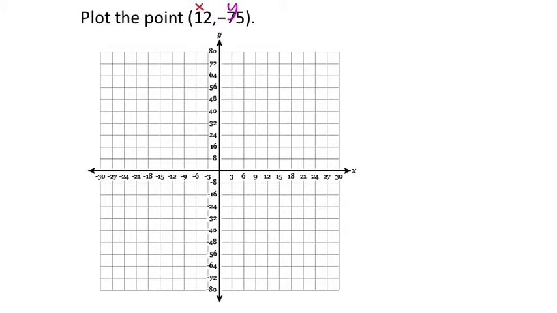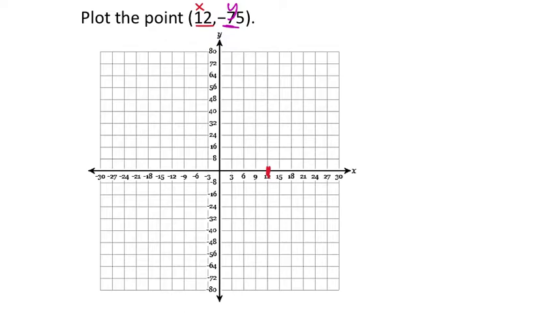So I'll start with the x is 12. I found it on the x-axis right there. x is 12. So that means that the location of this ordered pair, 12, negative 75, has to be on this, I'm going to call it a street or line. Okay, so on this street is this location. I just got to find out where negative 75 is for my y value, okay?